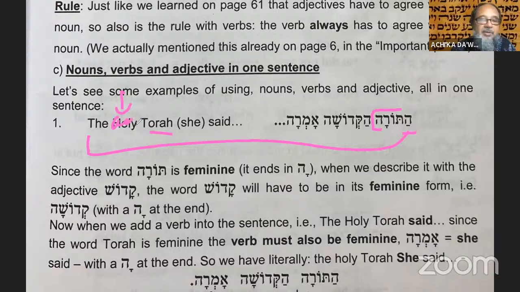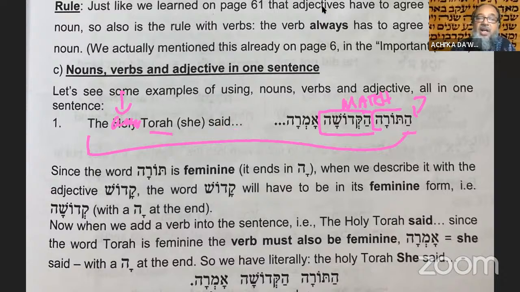They got holy there, but we know that's not it. Hakwadosha, not hakwadosh, hakwadosha. Why is it hakwadosha? Tell me why it's ha on the end. It's feminine, and she has to match the what? She has to match the noun. So haTorah, hakwadosha, amara. She said.